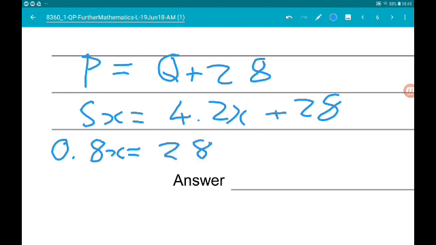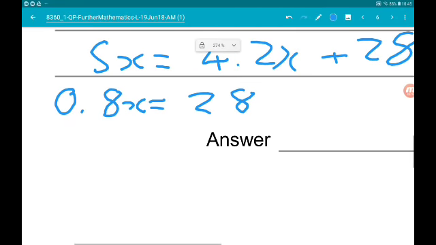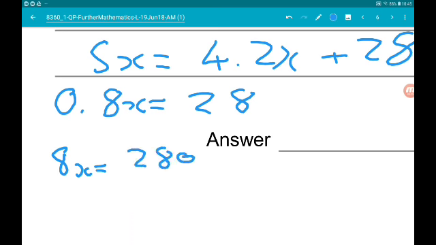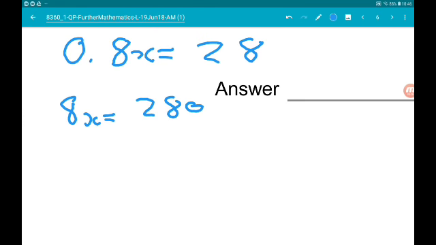Now we've got 0.8x and we don't have a calculator to help us. So let's turn 0.8x into 8x by multiplying by 10. So we get 8x is 280 and then divide by 8.